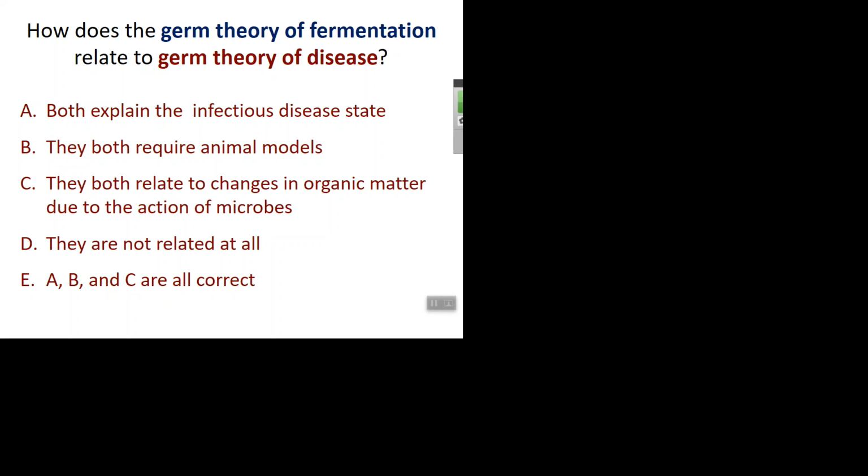Let's kind of think about Pasteur and his work with germ theory of fermentation. Do they both explain the infectious disease state? They both require animal models. They both relate to changes in organic matter due to the action of microbes. They are not related at all.